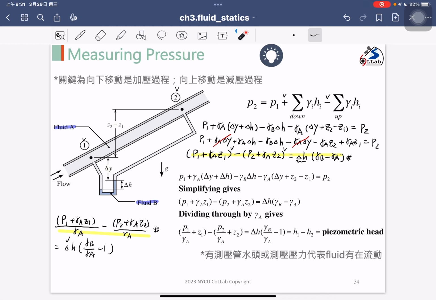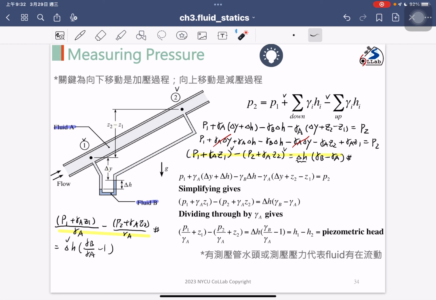So based on the equation we derived here, we have a deflection height, and if we know the specific weight of fluid B and fluid A, then we can compute the piezometric pressure difference between point 1 and point 2. Okay, so keep in mind, gamma B is our manometer fluid, and gamma A is the flowing fluid.